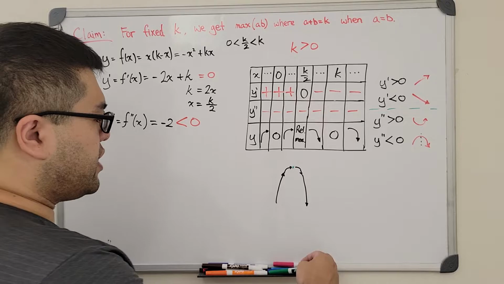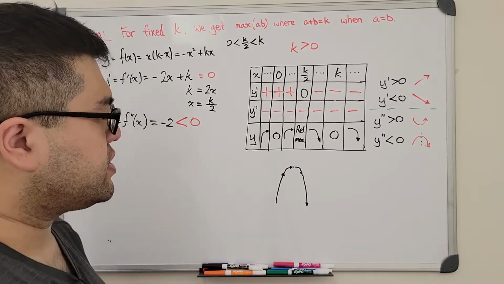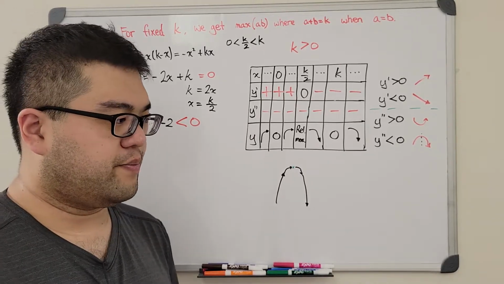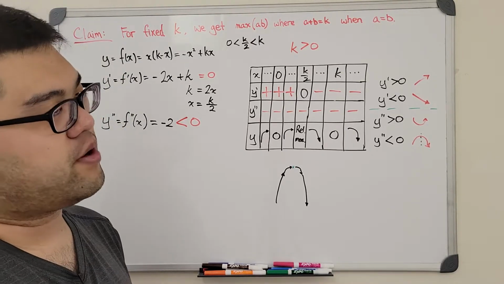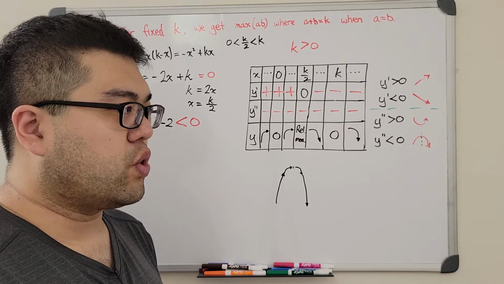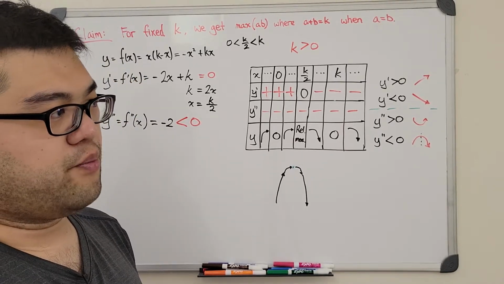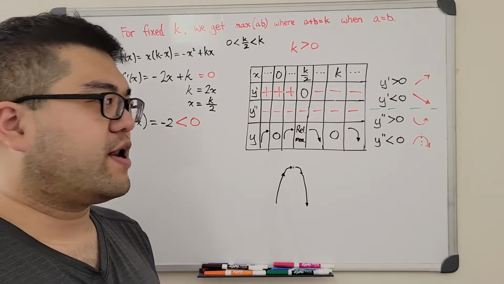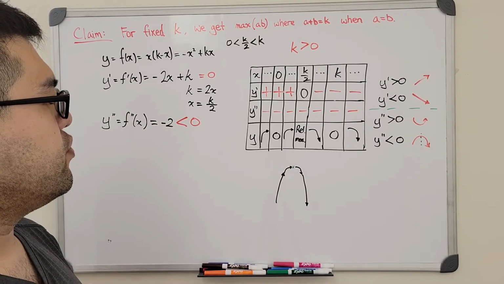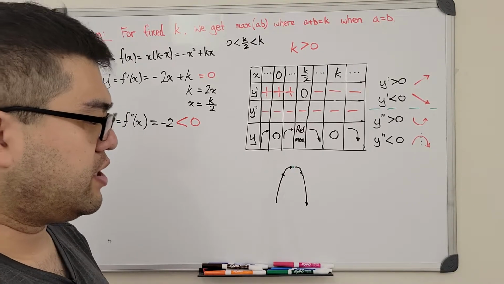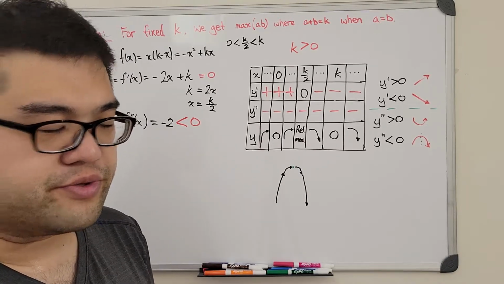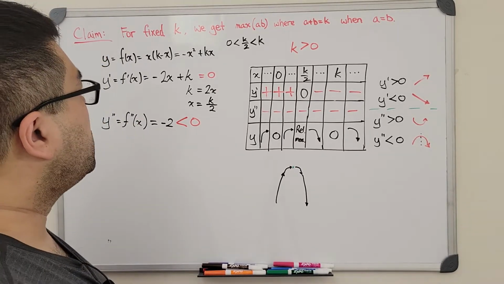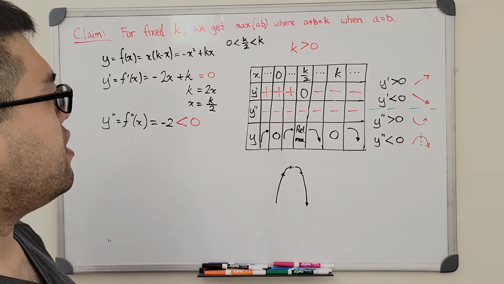So this is how we can use calculus to help us analyze some problems that we have probably seen when we were in high school or in lower level math classes. And this will give us a complete answer as to why those ideas are actually true. So this is quite long.